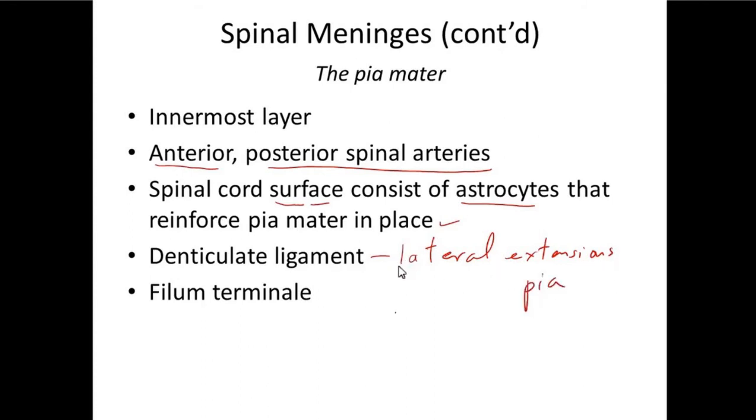That reinforce or anchor the spinal cord laterally, and then the filum terminale is the posterior extension of the pia, and that will also fuse with the dura in this area here known as the filum terminale to form, so you have filum terminale plus dura, and what that gives you is the coccygeal ligament.